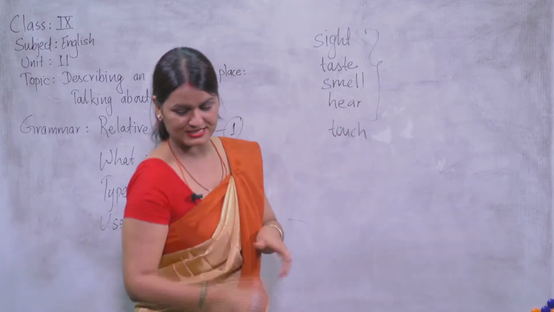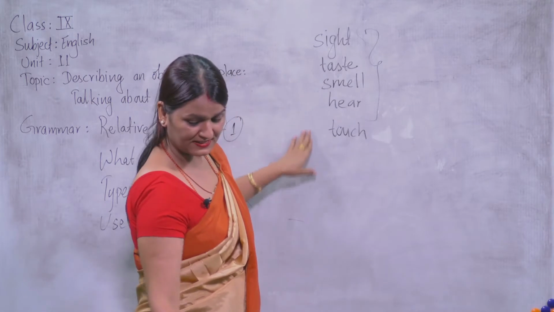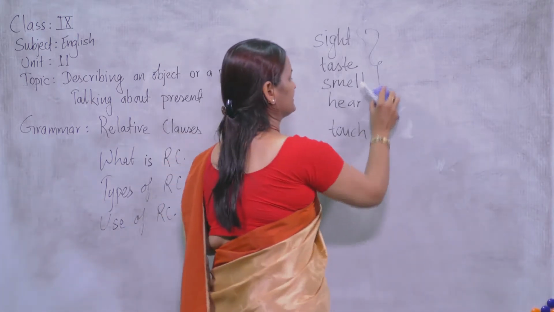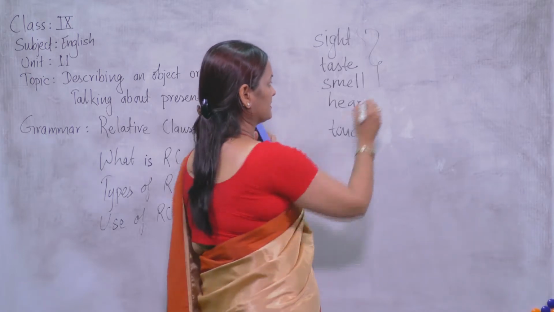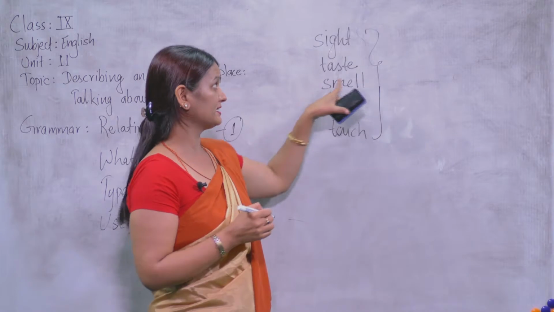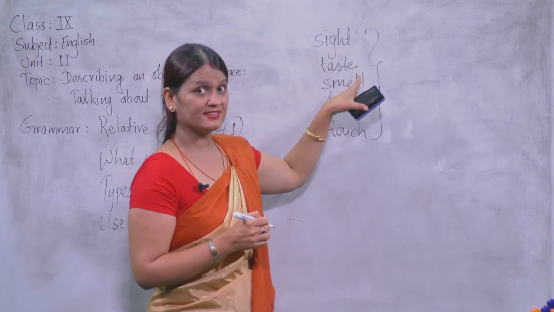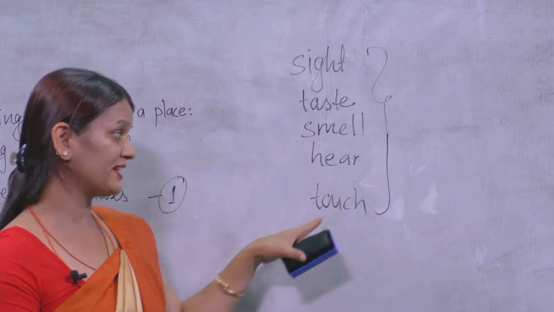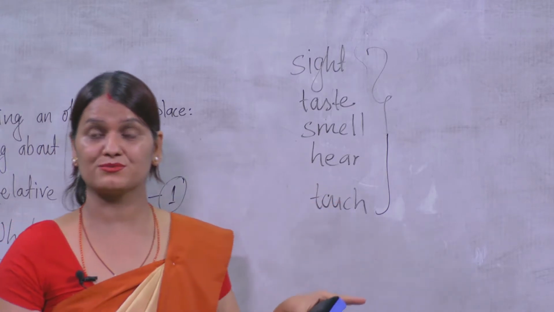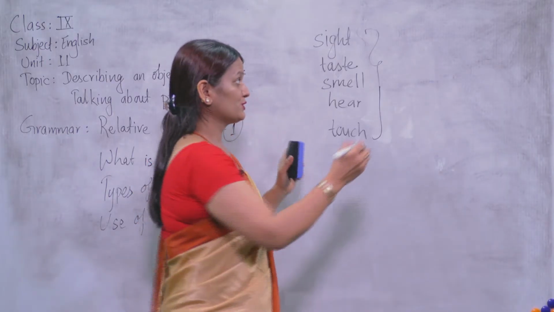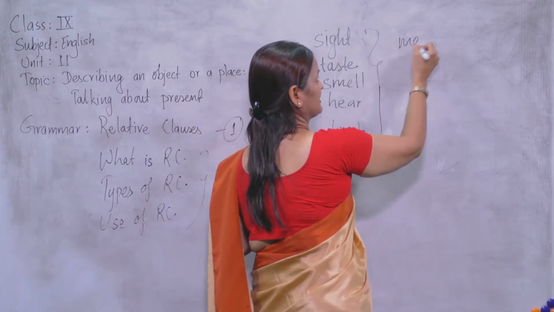So based on these 5 different things, she had shared her experience there. When she has talked about oranges, how it looked like, how it tasted like, how it smelled like, what she could hear there, and how she felt while touching it, these things she has described through memoir writing.